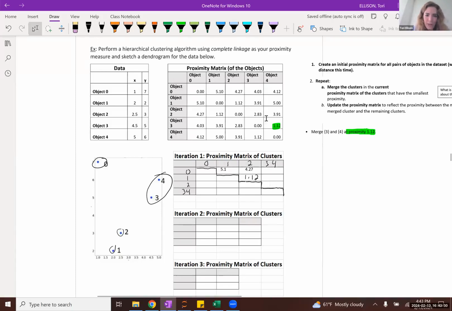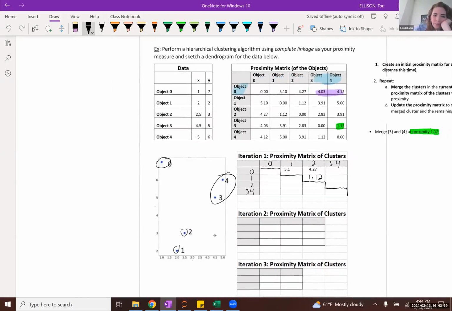Okay. And so next we need to figure out the distance between cluster 0 and cluster 3, 4. Now in this case, the way that we're measuring the distance between clusters is not based on the closest set of points, but the 2 furthest apart points in those 2 clusters.